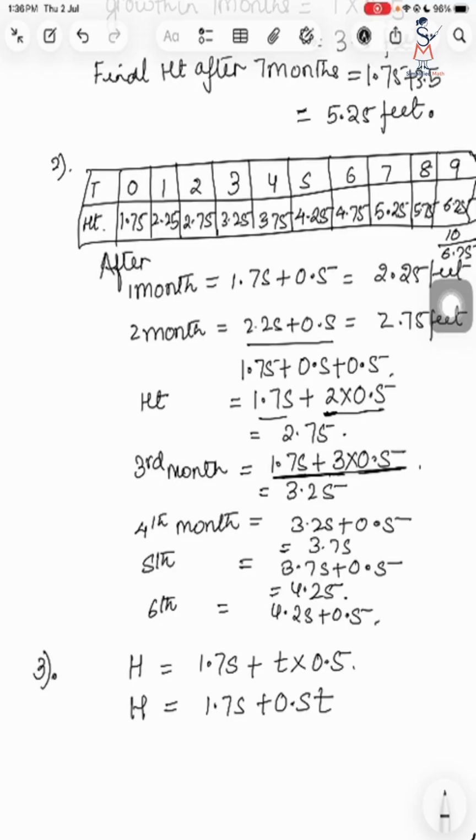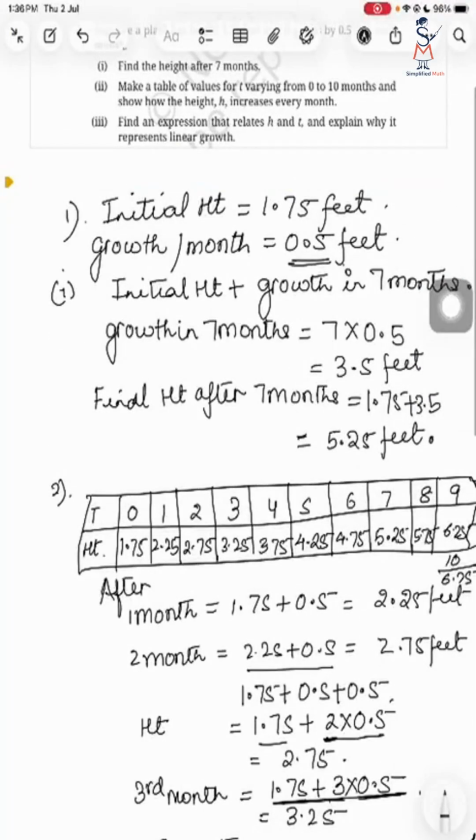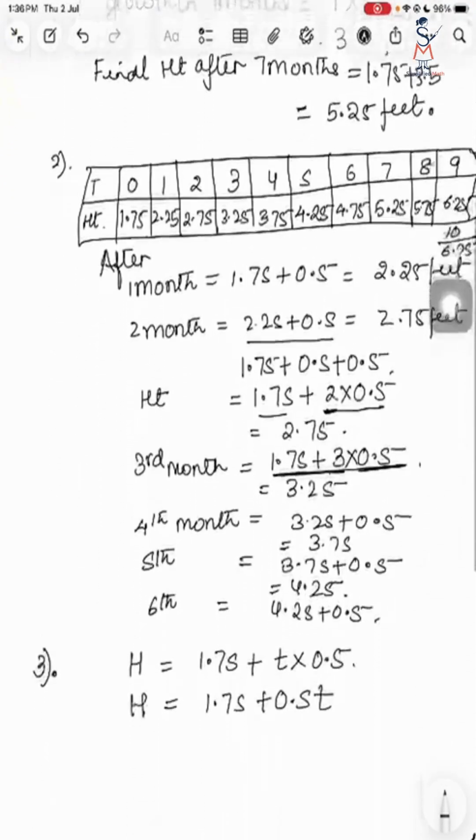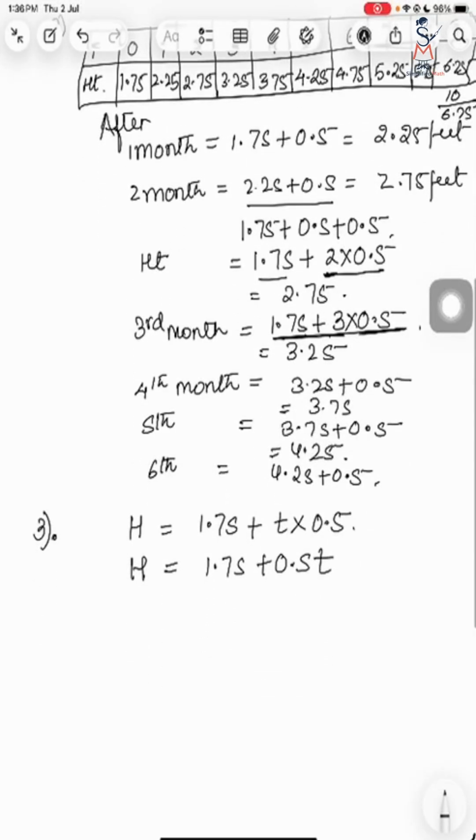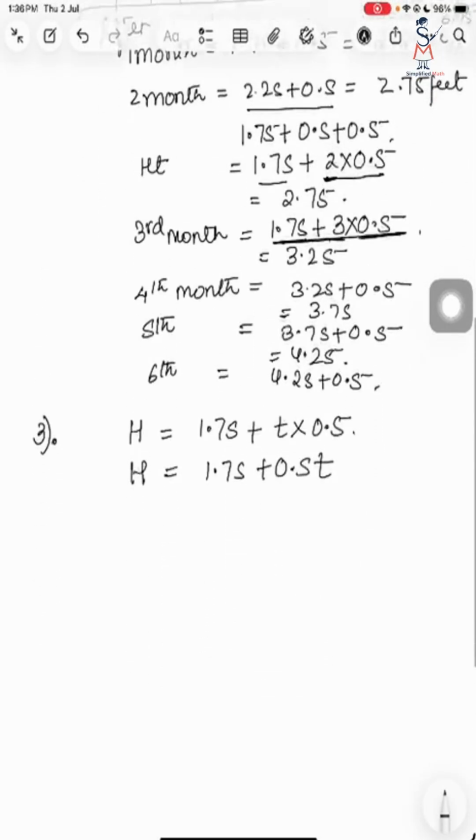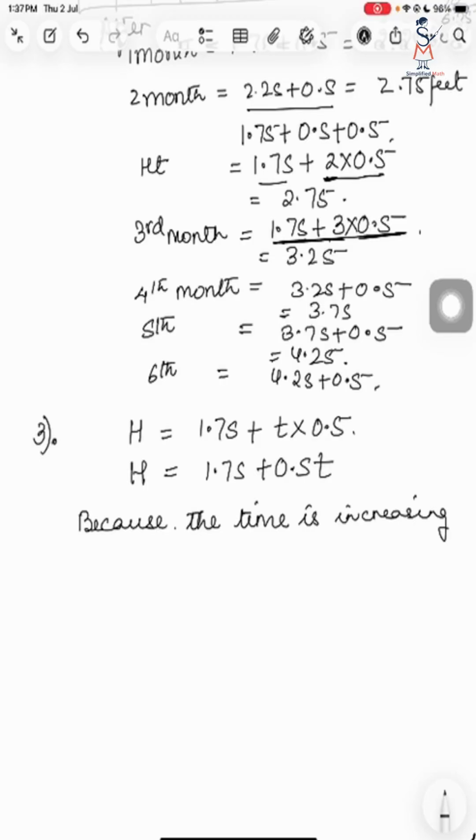Now it is asking you to explain why this represents a linear growth. You will write here because the time is increasing at a fixed rate, that is 1 month.